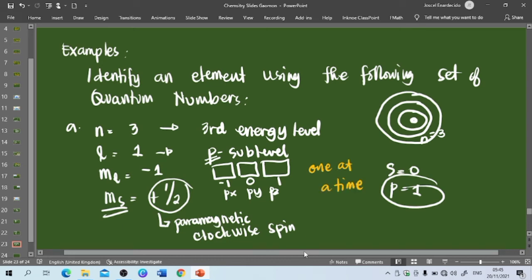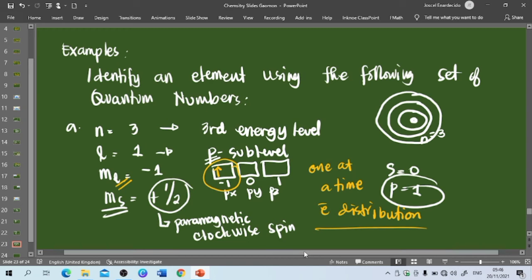Electron distribution must be one at a time. So let us distribute first the upward spin. Since it is positive 1/2, the only orbital that has an electron present is this one, because of the positive 1/2 spin quantum number and negative 1 m sub l. So let's count the number of electrons on the p sublevel, particularly in the px orbital. That is equal to 1.